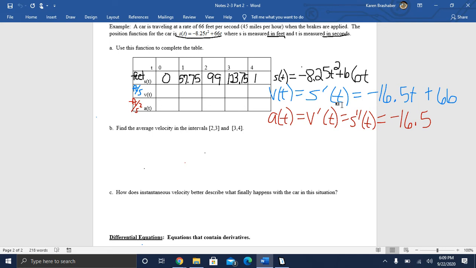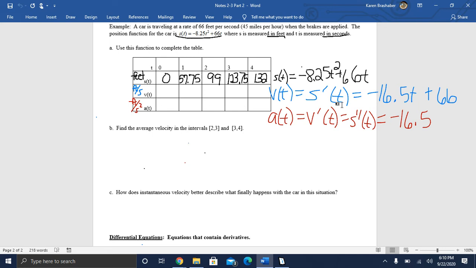So your positions at time 0, the car is at position 0, and by the time we get to 4 seconds, the car has traveled 132 feet and is now in position 132 feet. I want to make sure you can see that that is a plus 66. That didn't get written very well.